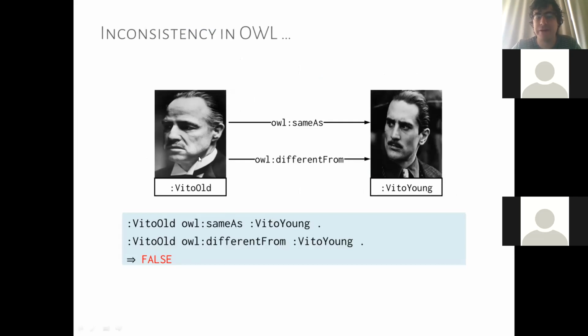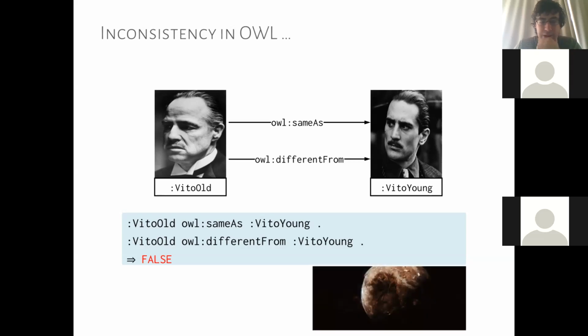So if Vito old is the same as Vito young, Vito old can't be different from Vito young at the same time. So there's various ways we can have inconsistencies and contradictions in the data that we'll see. So what happens if there's a contradiction? The world will implode, and that'll be the end of civilization.